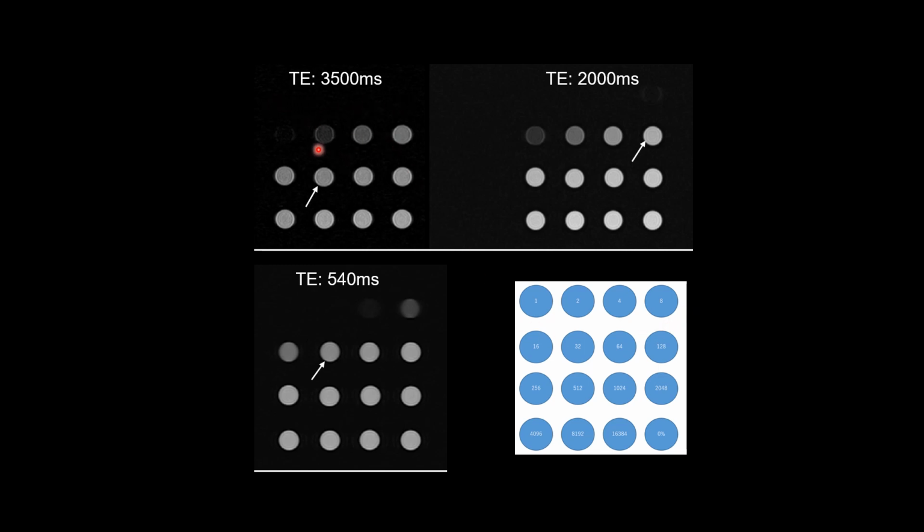So this one is 32, and this one is 512. So using this very long TE, we can visualize the 512-fold dilution. But with shorter echo time, we can just visualize 32-fold dilution.